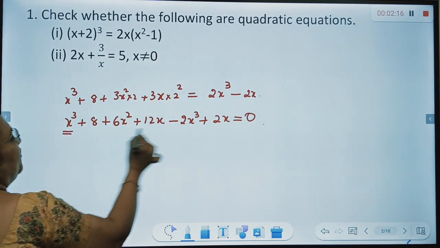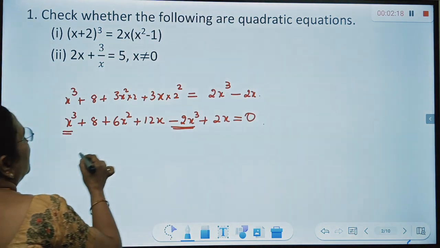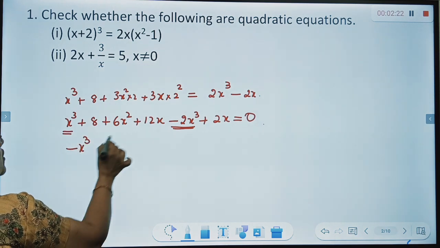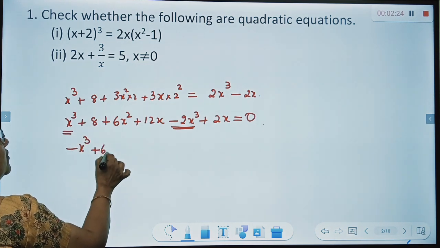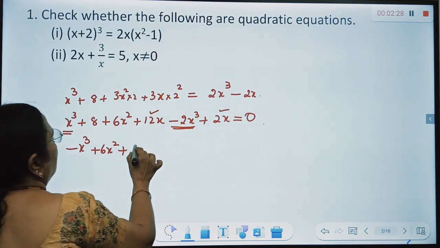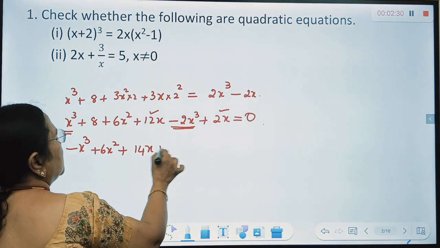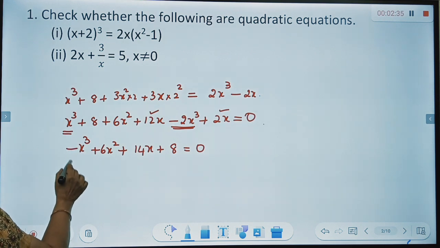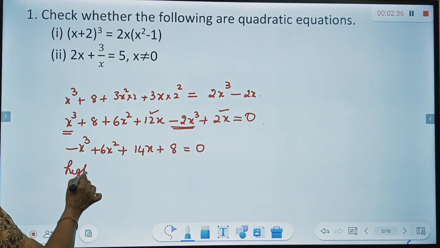Let me just simplify. x cube minus 2x cube will give me minus x cube. Then I have plus 6x square. Then I have 12x plus 2x, 14x plus 8 equal to 0. So what is the highest power of x? The highest power of x is 3.